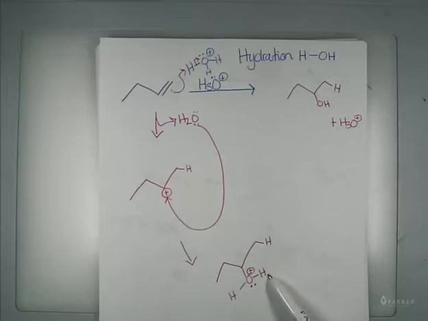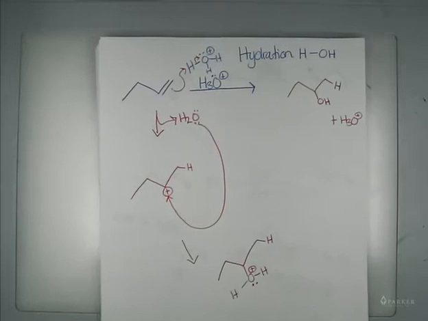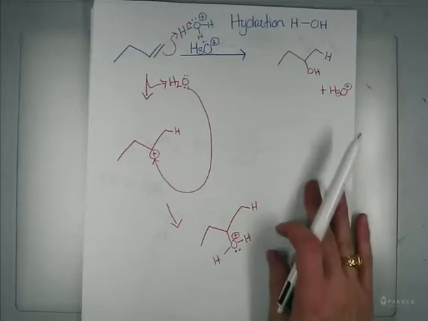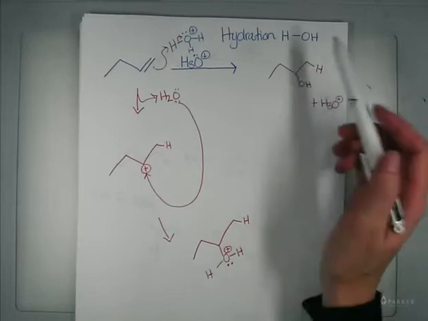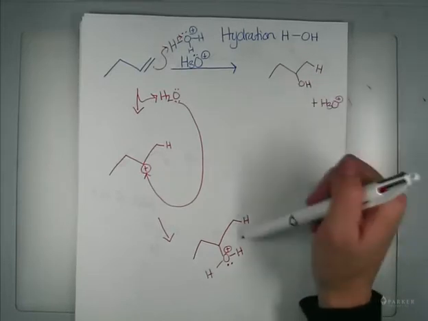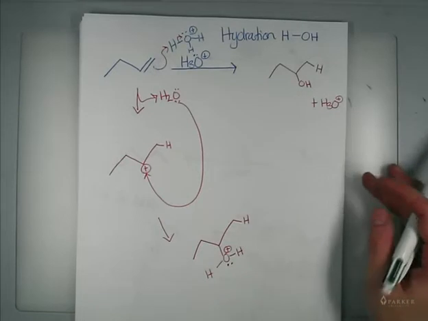So do you see that I added my water there? Why does it have a positive charge? Yeah, it's not using enough valence electrons. So the formal charge is positive. Now let's look at our final product. We're pretty close to that, right? What do I need to do from here to here? Just take a hydrogen off.